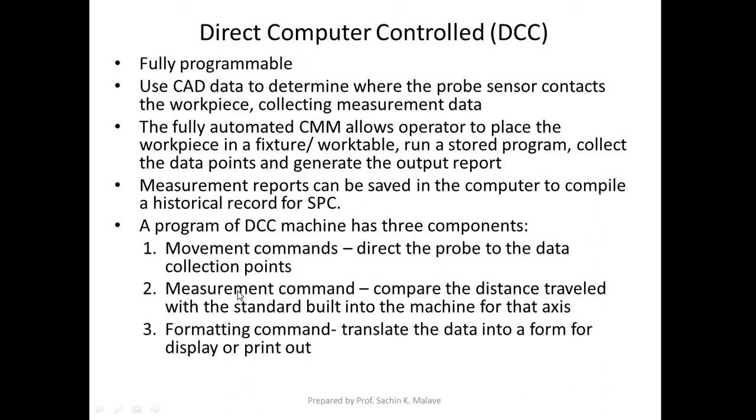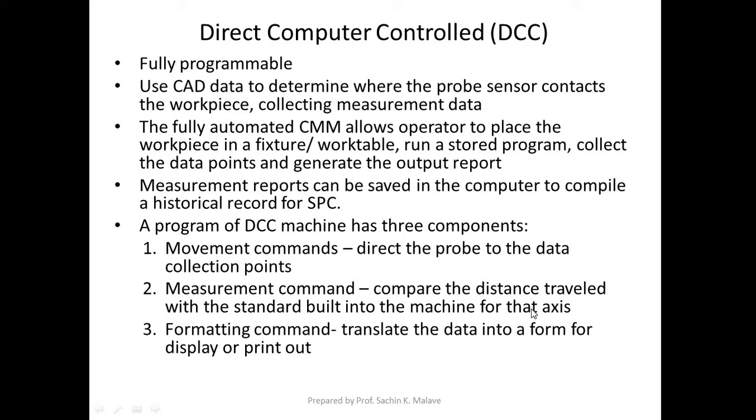Then measurement commands control the measuring and inspection function of the machine. So measurement commands will carry out the actual measurement, or the actual inspection. They compare the distance traveled with the standard built into the machine for that axis.